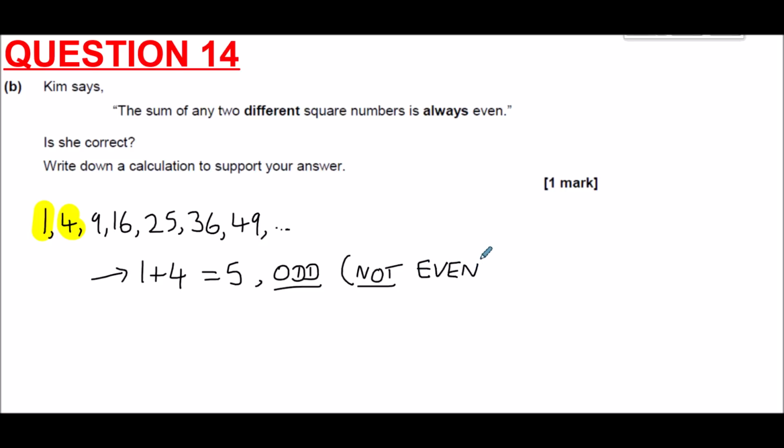So we've just found one example out of many, many examples that show that Kim isn't correct. The sum of any two different square numbers might be even, but it isn't always even. So, is she correct? That's a valid reason, because we found a calculation which shows her to be wrong. So final answer is no, she is not correct.